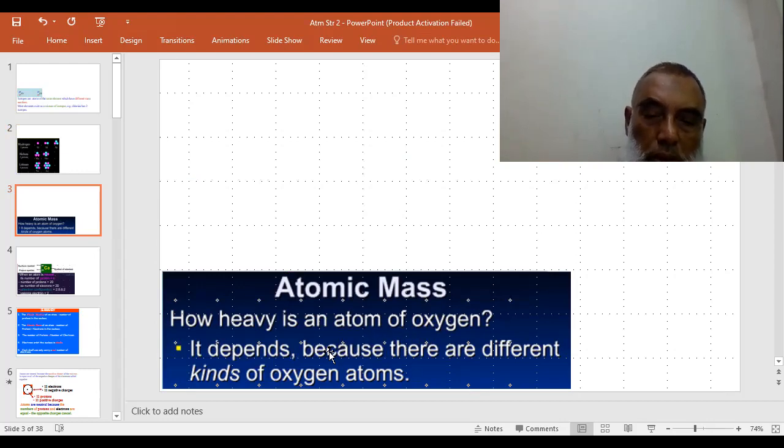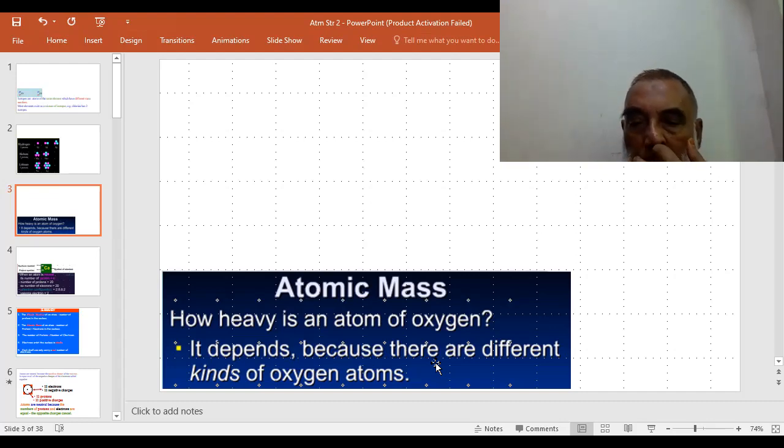The atom with 8 protons and 8 neutrons is abundantly available. So this atomic mass 16 is usually attached to oxygen.